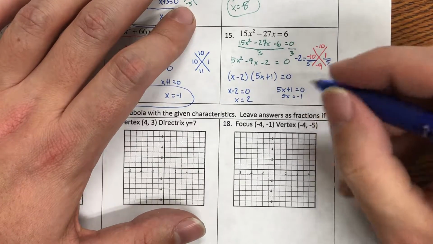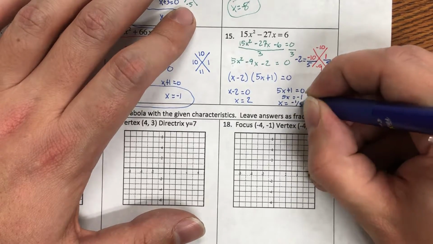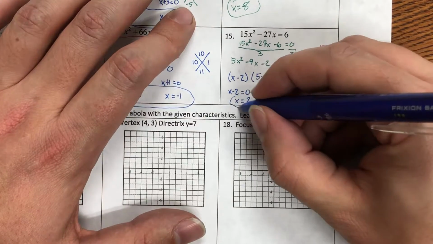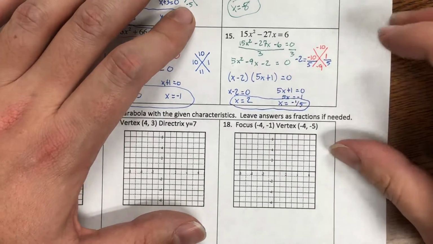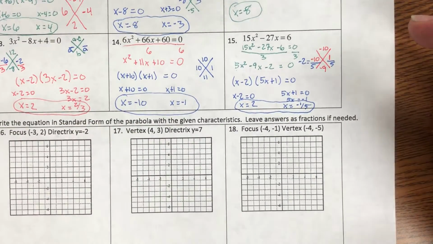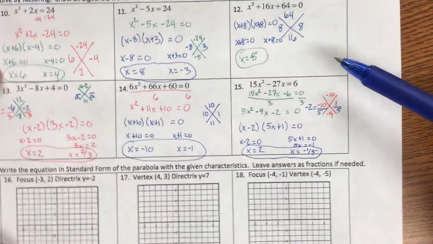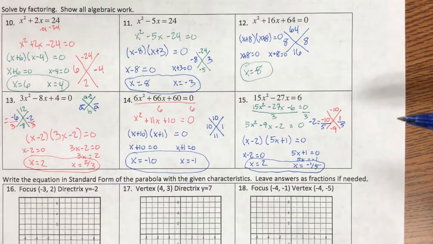I then divide both sides by 5, so I get x equals negative 1/5. Those are my two solutions. Again, solutions in this form are wanting to know where it crosses the x-axis.